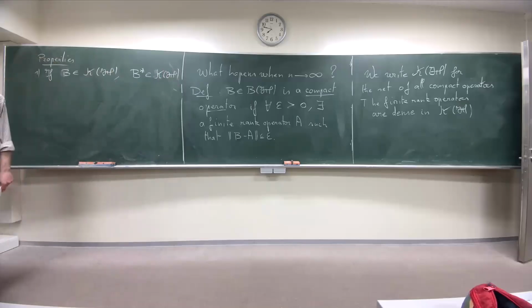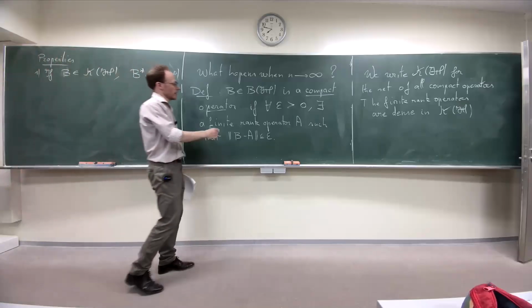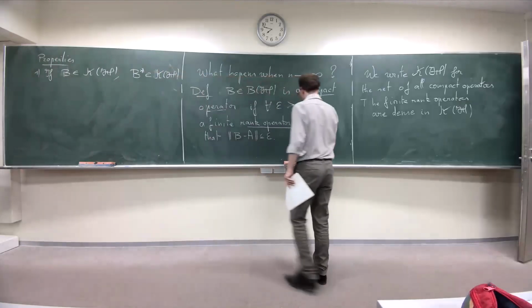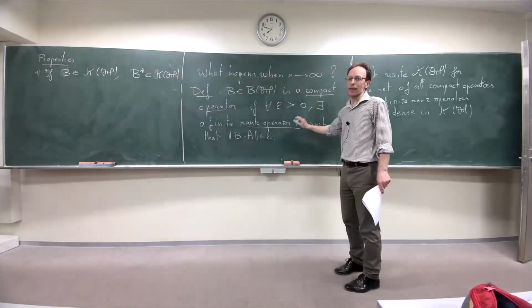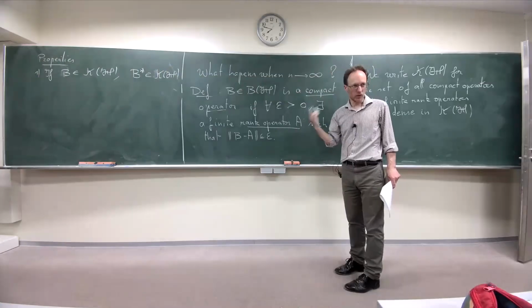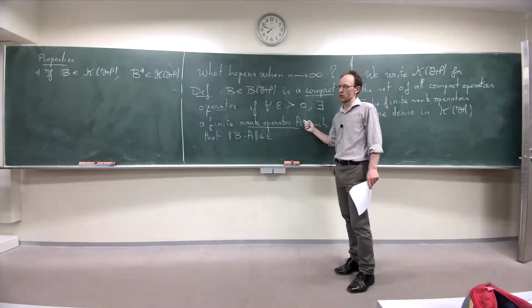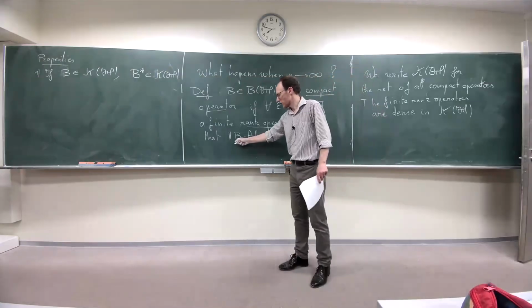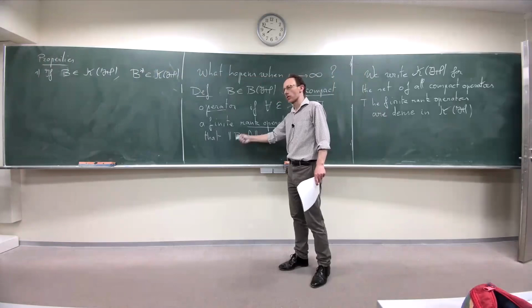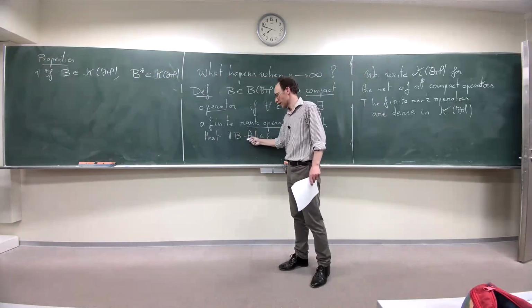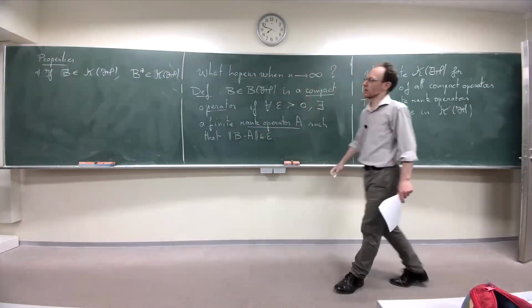Probably this is something you can do in the following way. Take a finite rank A and check that its adjoint, we know the definition of an adjoint, is also finite rank. And then when you approximate the adjoint of B, you are going to use the family, the same operator, but adjoint.